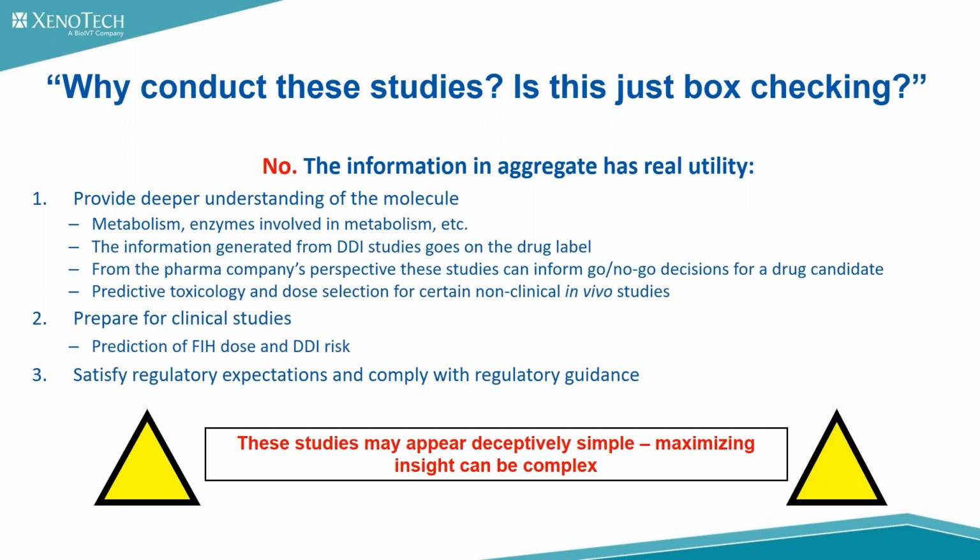And lastly, yes, it does satisfy the regulatory expectations, and it does comply with regulatory guidance. This just eliminates any hurdles that there potentially might be when dealing with the regulators, helps everything go smoother and faster and avoid any unexpected delays.